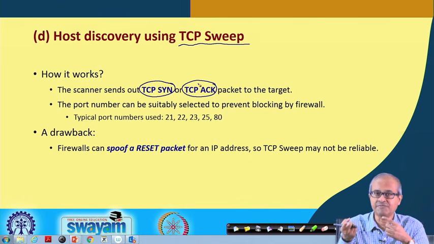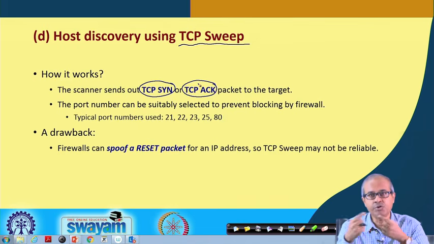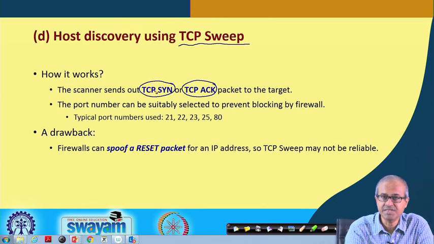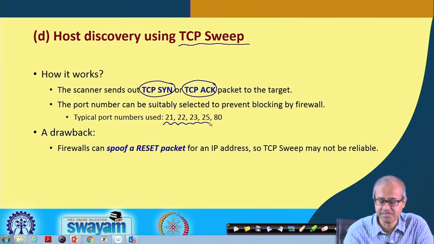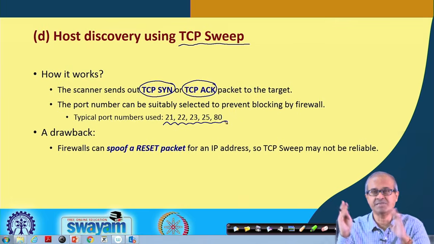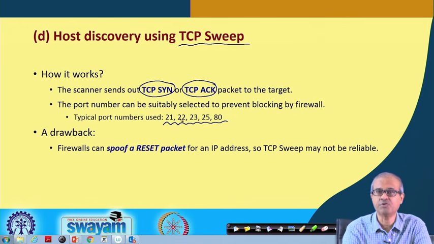So, the server will usually send back a response packet to try and complete that connection. Usually when this connection request is sent, some of the popular port numbers are used, because normally these port numbers are open on most machines. 21, 22 are for FTP, 23 is for Telnet, 25 is for SMTP and 80 is for HTTP.